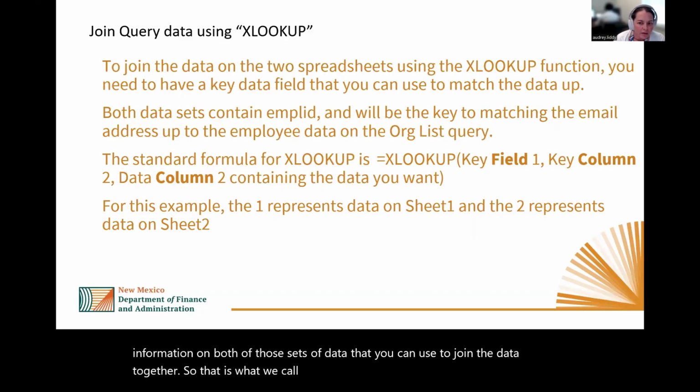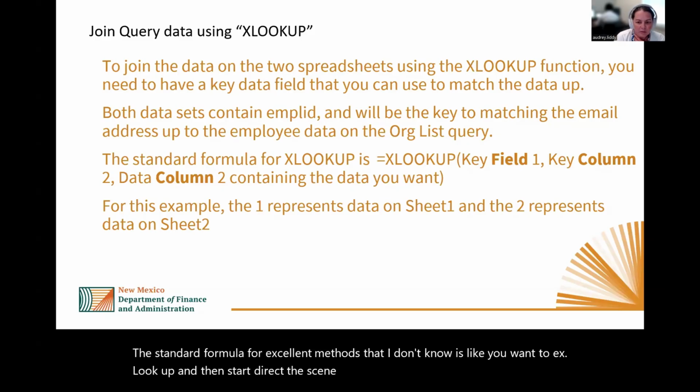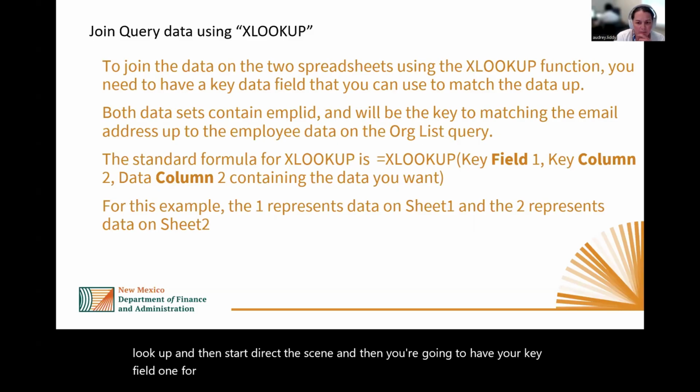Okay, so both of them contain the employee ID, and what we're wanting to do is pull the email address onto the employee's line of data on the org list query. So the standard formula for XLOOKUP is where you say equal to XLOOKUP and then start parenthesis. And then you're going to have your key field 1, which would be the employee ID from your sheet 1.